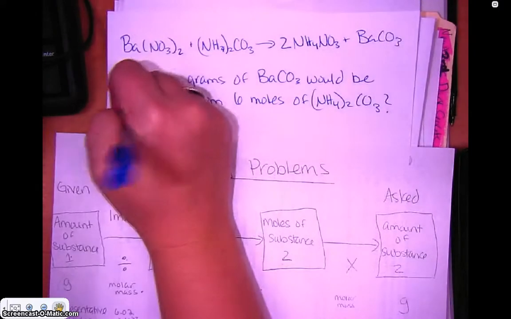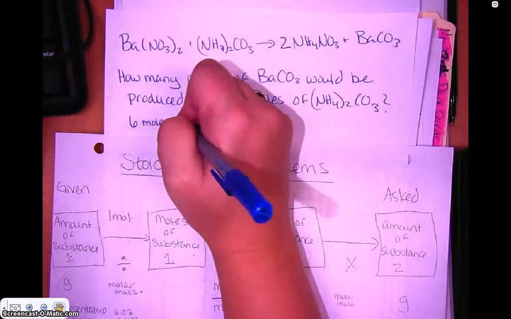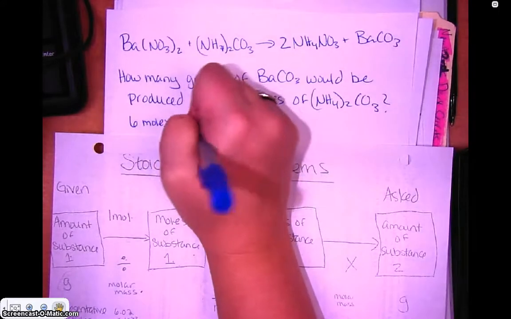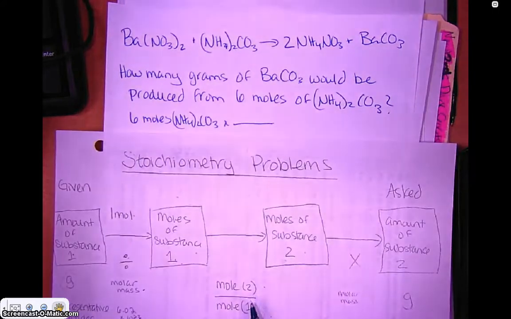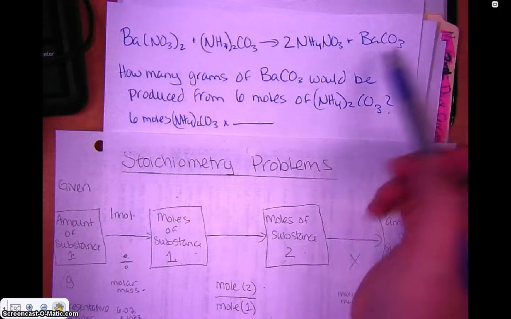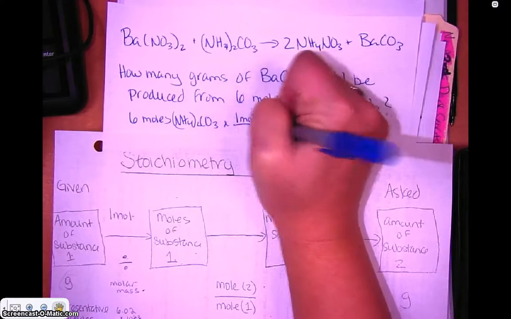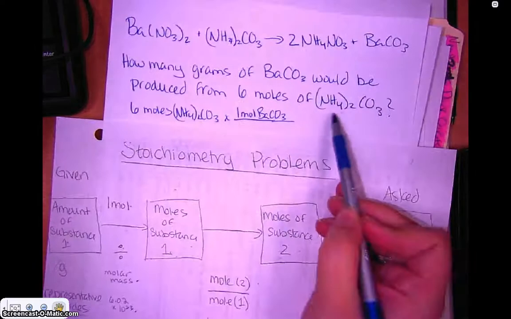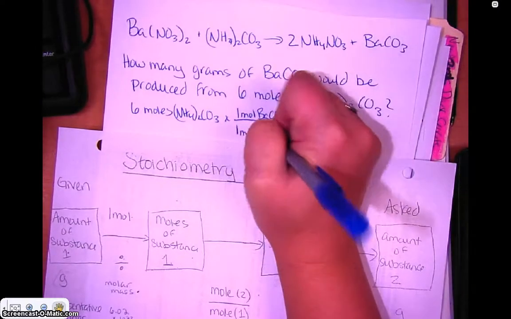So I have 6 moles of ammonium carbonate, and I want to find moles of barium carbonate first. I'm going to use the balanced chemical equation, and I see that the ratio is 1 to 1. So 1 mole of barium carbonate goes on top, and 1 mole of ammonium carbonate goes on the bottom.